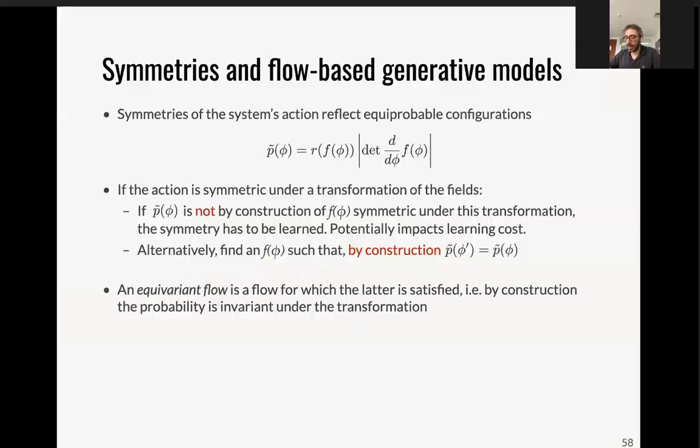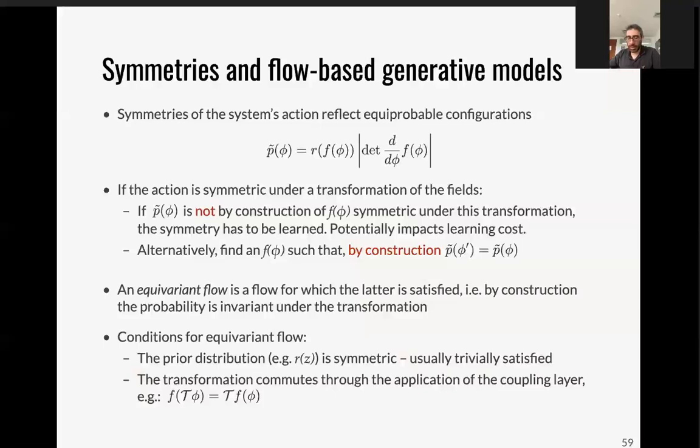And there are some conditions which I won't prove, but I will list here for one of these functions being so-called equivariant. First of all, the prior distribution, this R that you put here, has to be symmetric, and this is usually trivially satisfied, right?